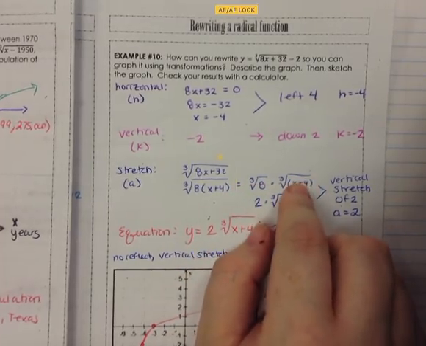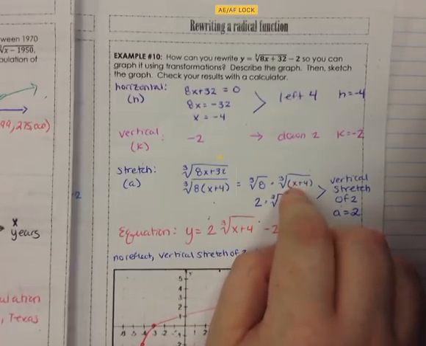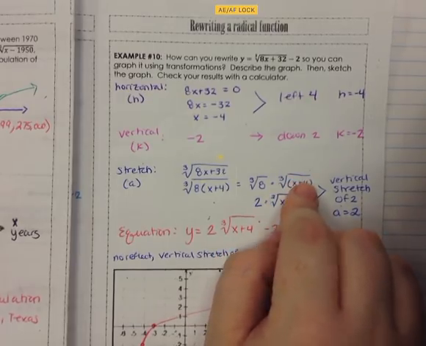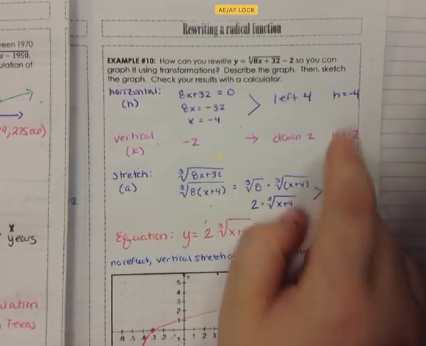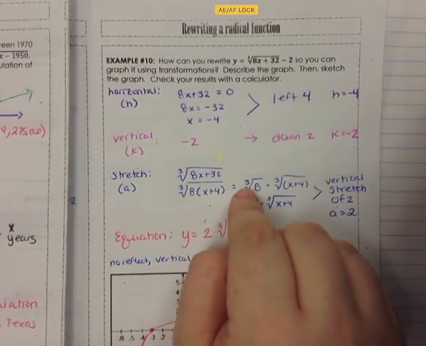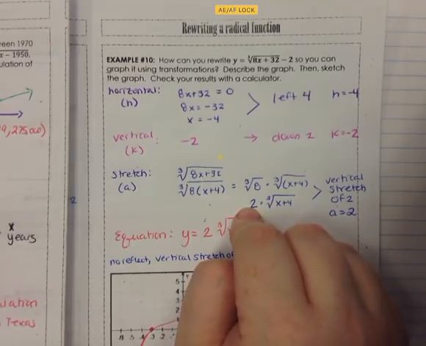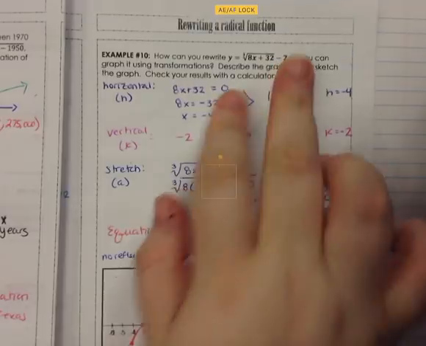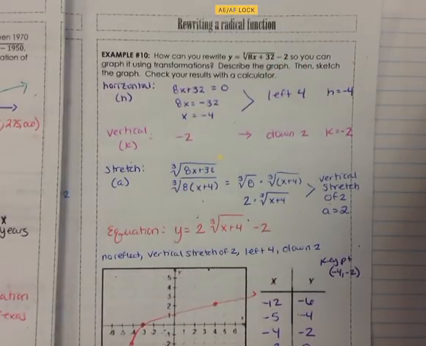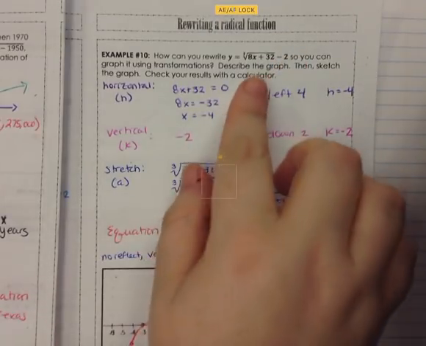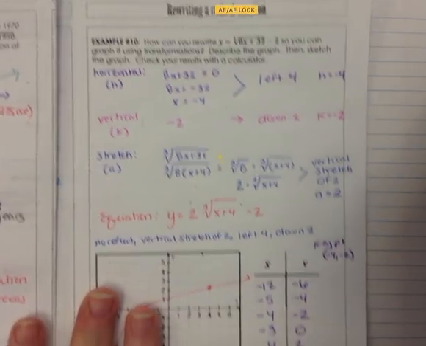Then once it's x plus 4, it automatically gives me my h value when I change my h value. And then we would have the cube root of the one number, which would just give me 2, and that gives us our a value. And then our k value is still always on the outside.